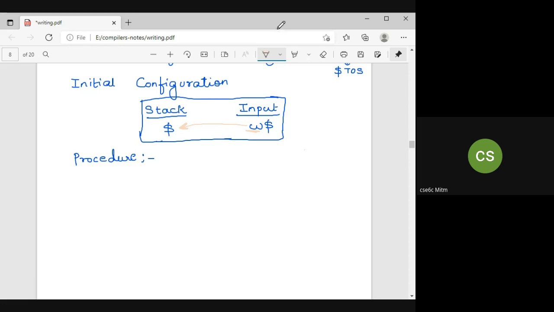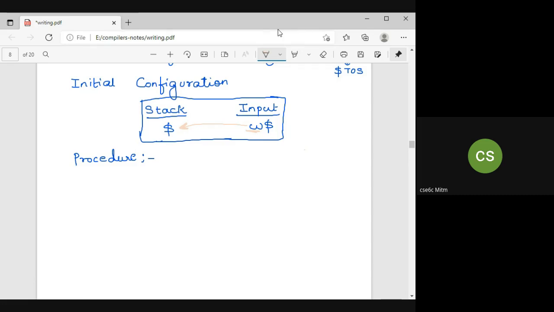It is going to shift zero or more input symbols onto the stack until it is ready to reduce a string beta on the top of the stack with the head of the appropriate production.